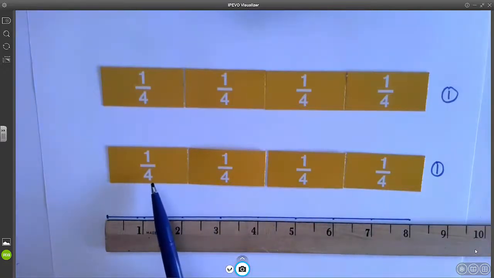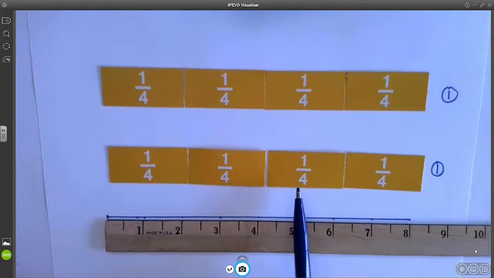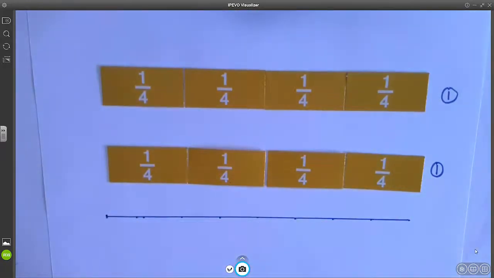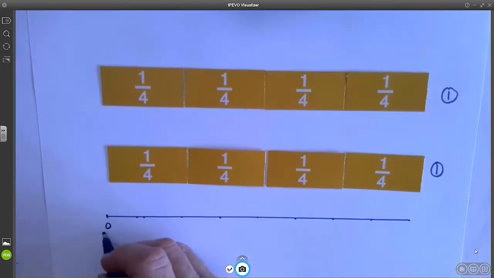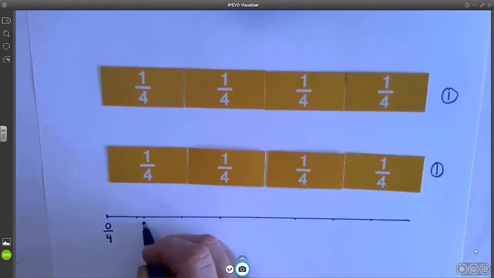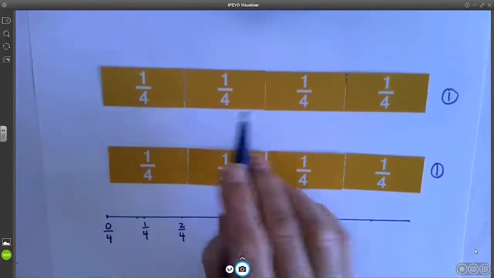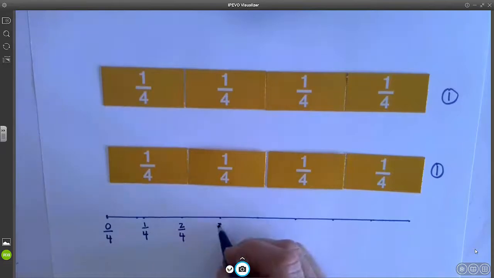And we see that this is divided by fourths. So let's begin. We'll move our ruler and we can begin at 0/4. And then we would have 1/4, and there's our representation. Next, 2/4, going to 3/4.